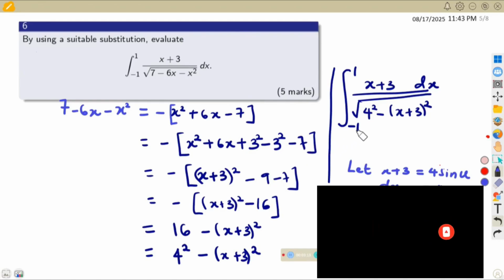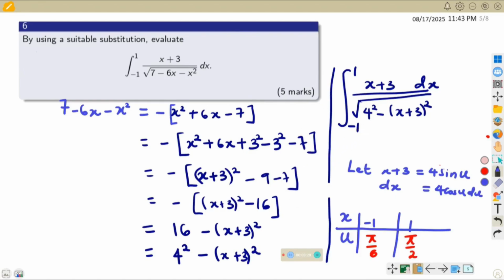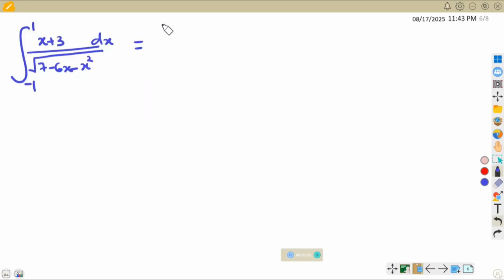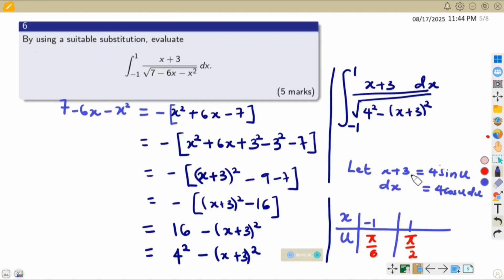Where we have the limits as -1 to 1, we are going to say is the same as having the integral from pi over 6 to pi over 2. X plus 3, come back to your expression. Where is x plus 3? Our x plus 3 is equal to 4 sine u.